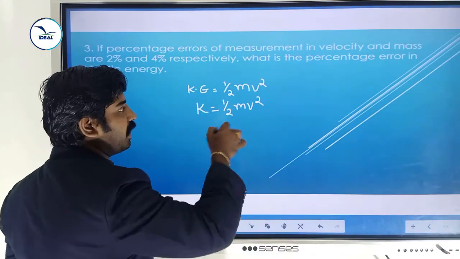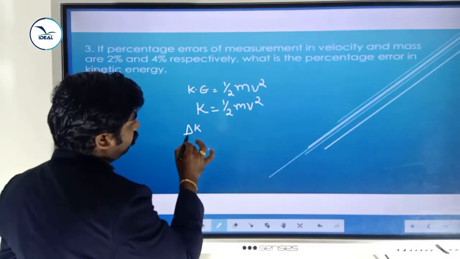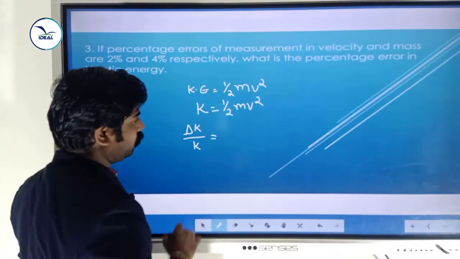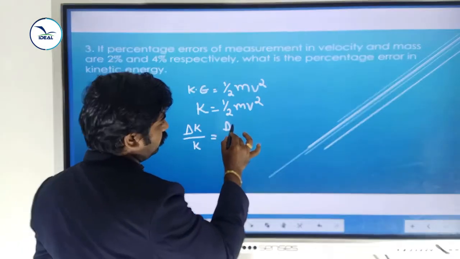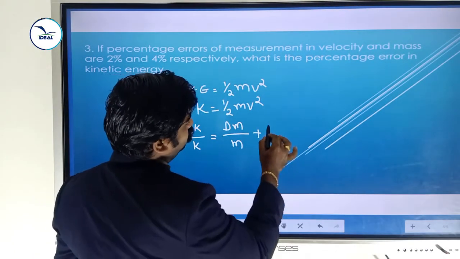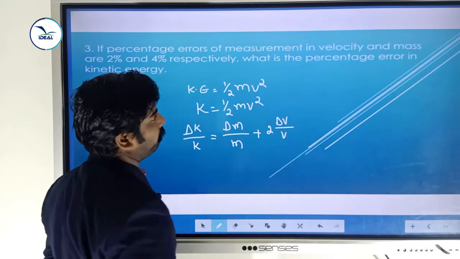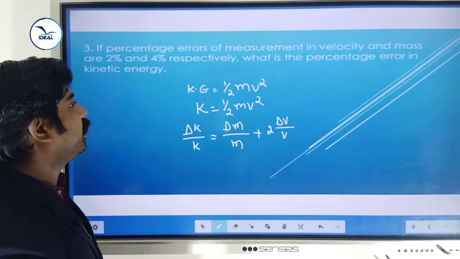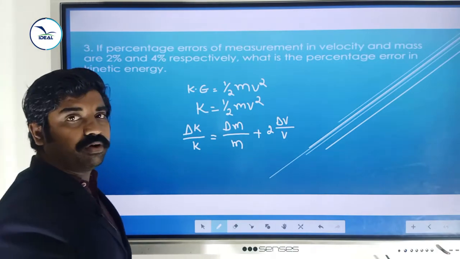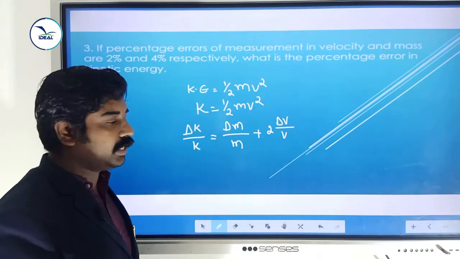So what is the possible error in this equation? Delta K by K equals delta m by m plus 2 into delta v by v. We are given the percentage errors and we want to calculate the percentage error in kinetic energy.